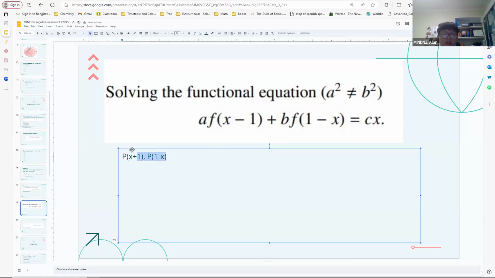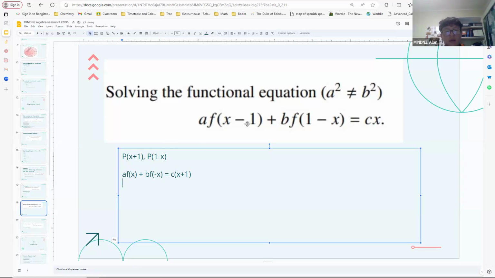So what would this give us? It gives us, first, by plugging in x plus 1, we have a times f of x plus b times f of negative x equals c times x plus 1, right?